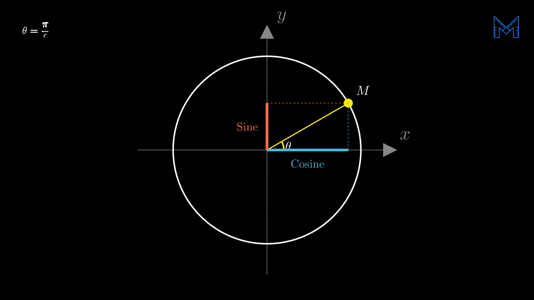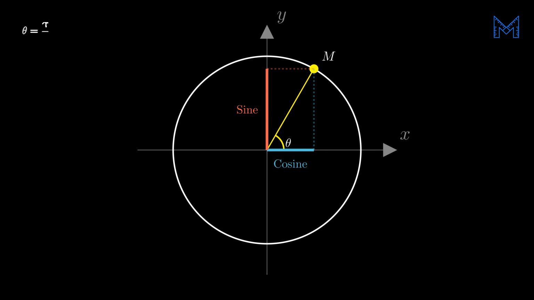Here the angle theta is equal to pi over 6, so the cosine of theta is then equal to square root of 3 over 2, and the sine of theta is equal to 1/2, which represents half the radius along the vertical axis. Now theta is equal to pi over 3. We find that the cosine of theta is 1/2, which corresponds to half the radius along the horizontal axis.